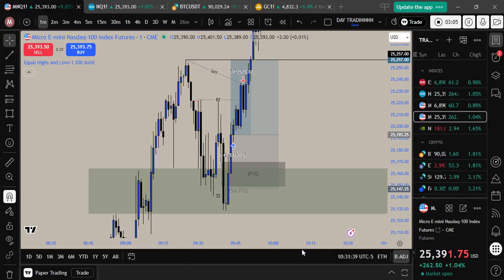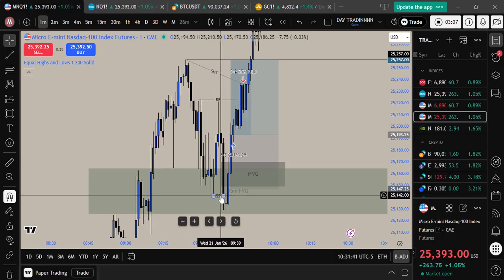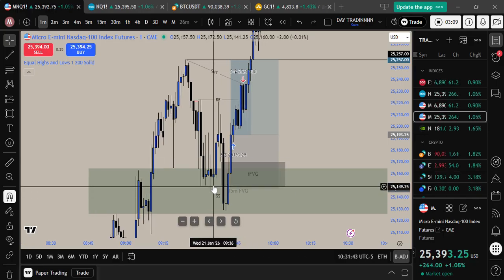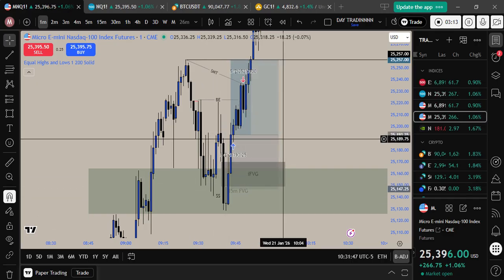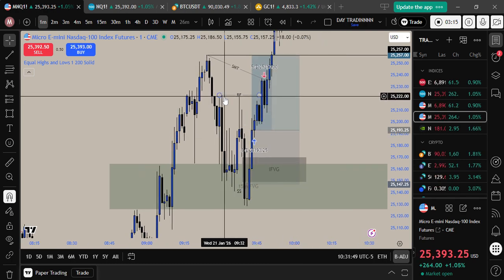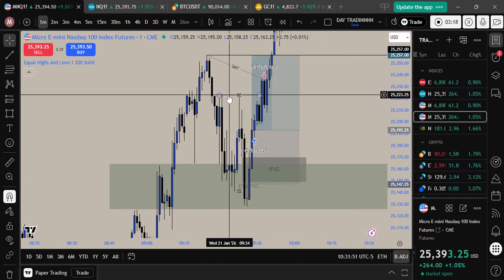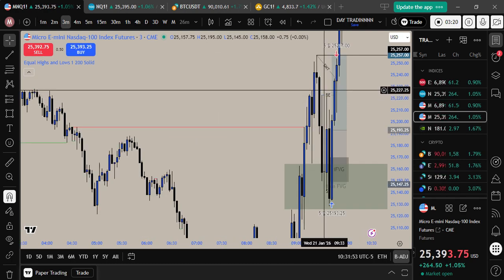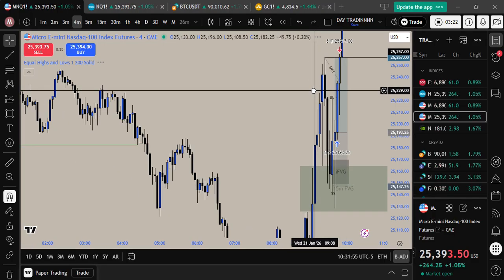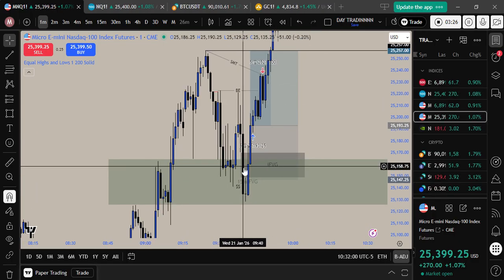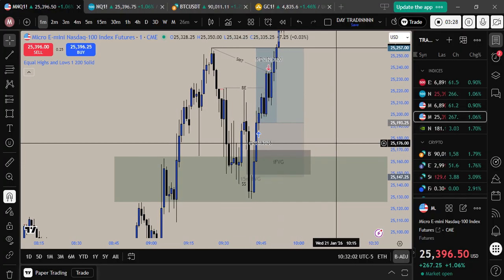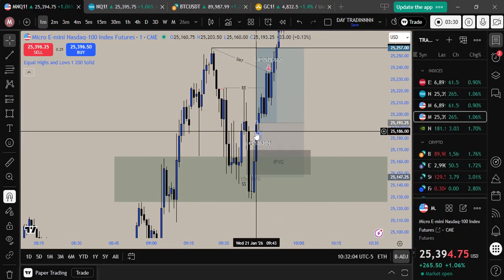So we took out these lows. We took out this liquidity here from everyone who was trying to buy here, and we also edged this unmitigated 3 minute gap. As you can see, we have an unfilled 3 minute gap, and basically we had this 1 minute gap, and what happened was we inversed it.